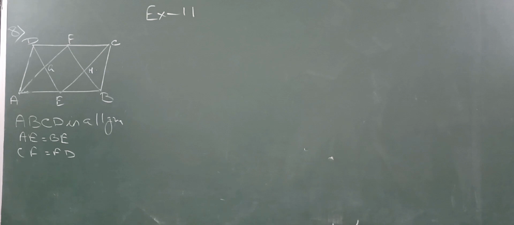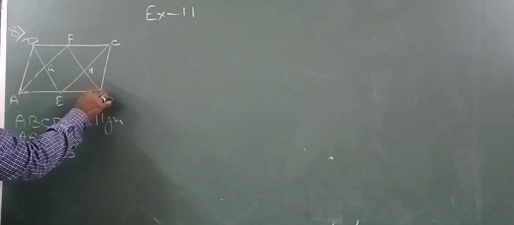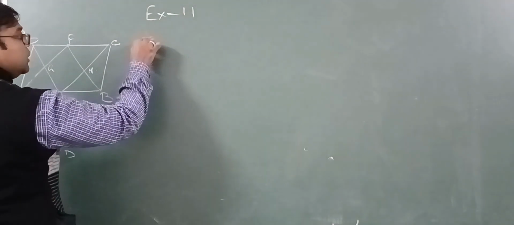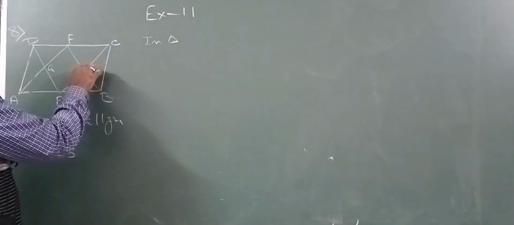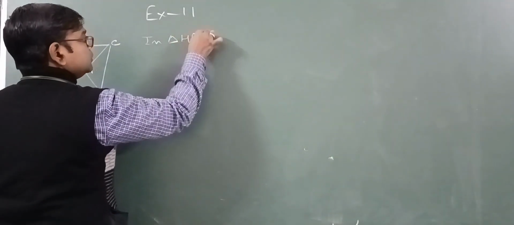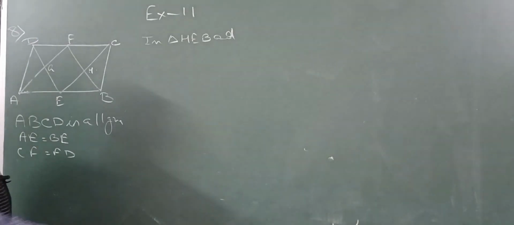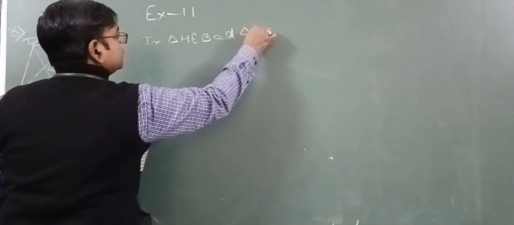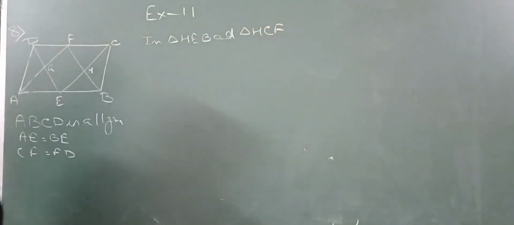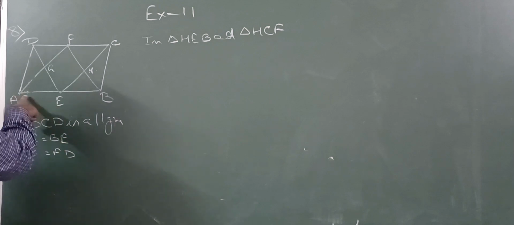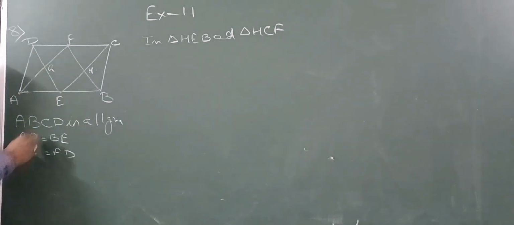The question says to prove first that triangle HEB is congruent to triangle HFC. So how do we prove that these two are congruent? We can write, in triangle HEB and triangle HFC, first, as we know AB equals CD because ABCD is a parallelogram.